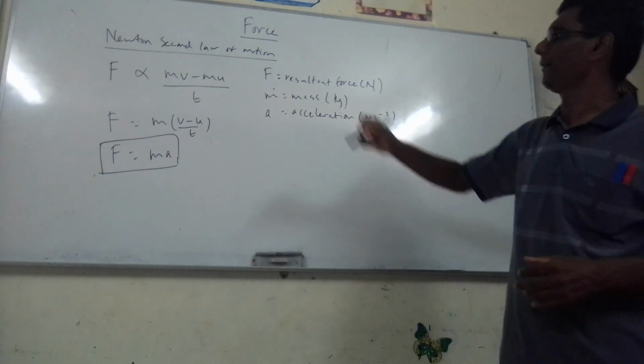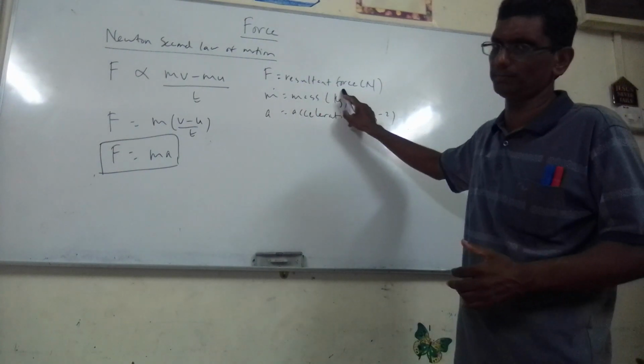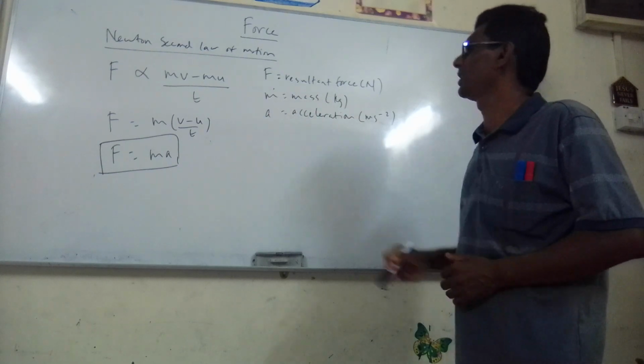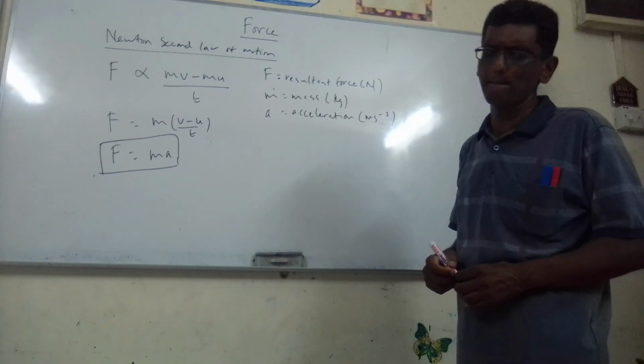So F is the resultant force, m is mass, a is acceleration in meter per second square.